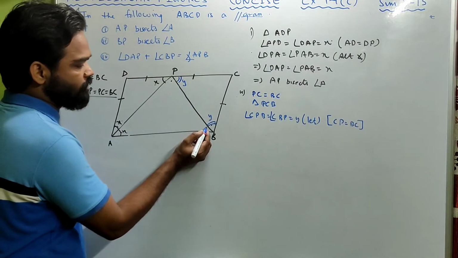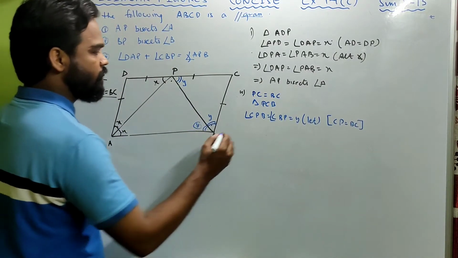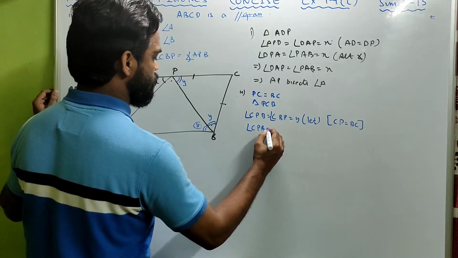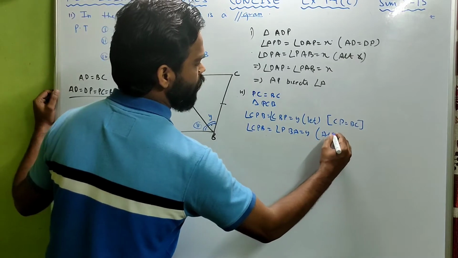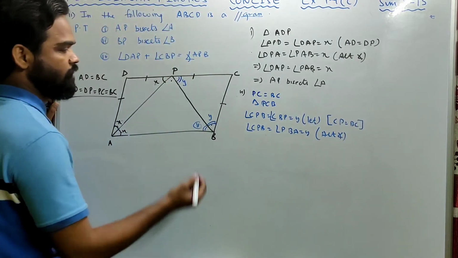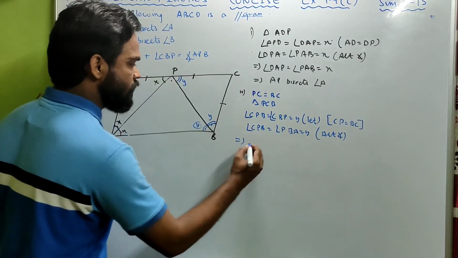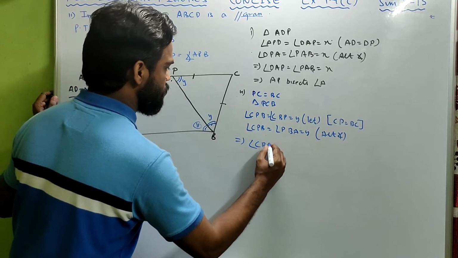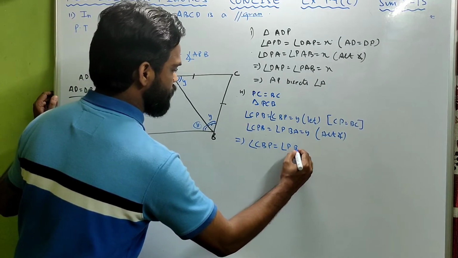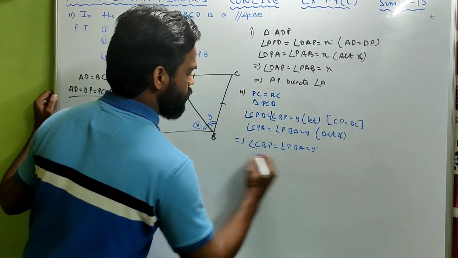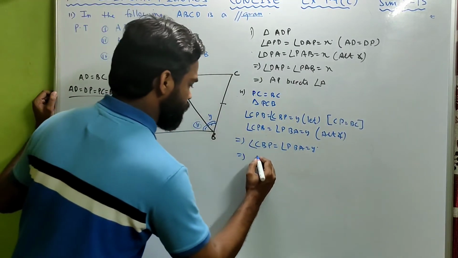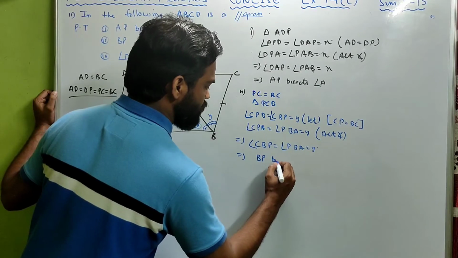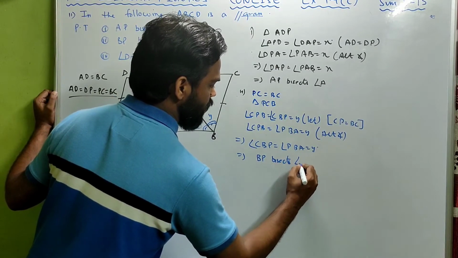Now this angle and this angle will be equal, alternate. Angle CPB is equal to PBA is equal to y, alternate angle, which clearly means these two angles are equal. Angle CBP is equal to angle PBA equals y, which means that BP bisects angle B.